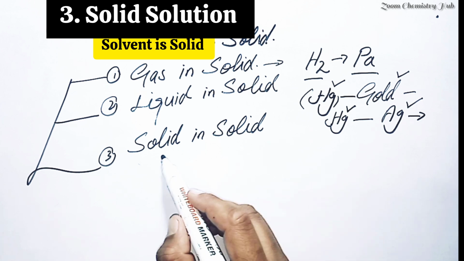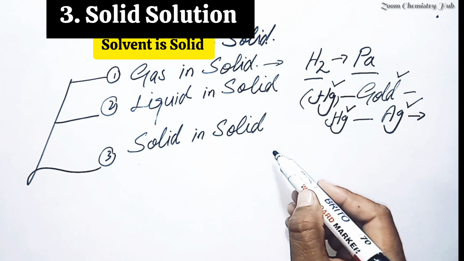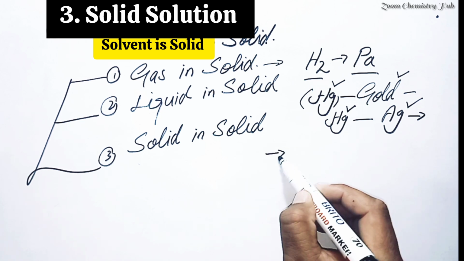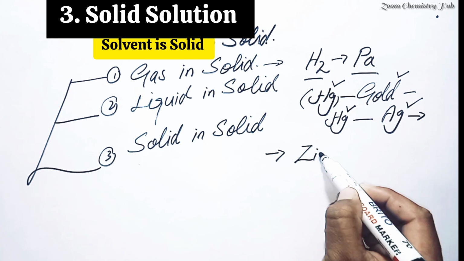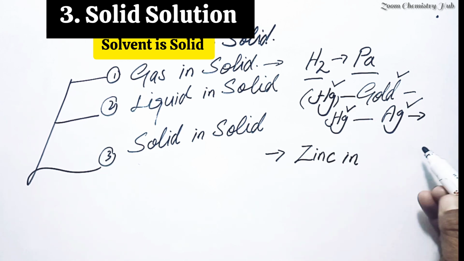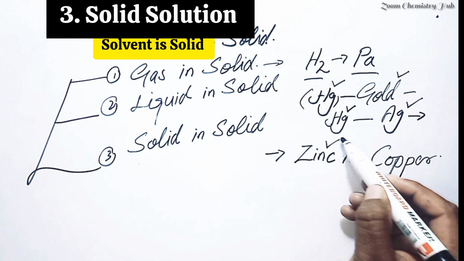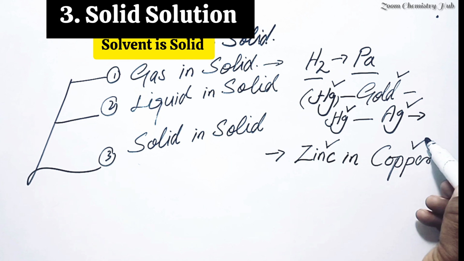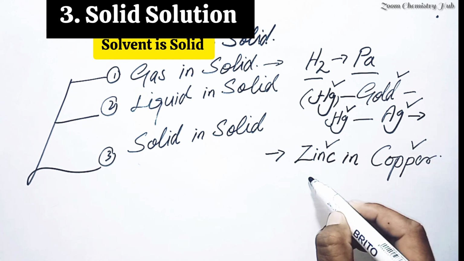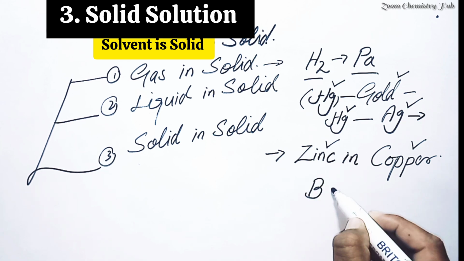Similarly, we have the third type, that is solid in solid, and we have the example of zinc metal in copper. Here the zinc is solute and copper is the solvent. The mixture of zinc and copper is called brass.